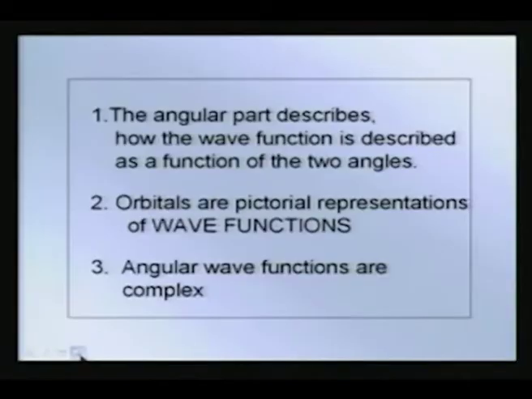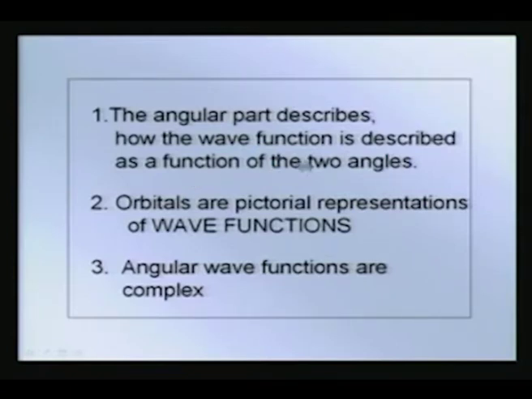Let us visualize. Now one thing that you have to keep in mind is that the angular part is not the whole wave function. The angular part describes only how the wave function is expressed as a function of two angles.